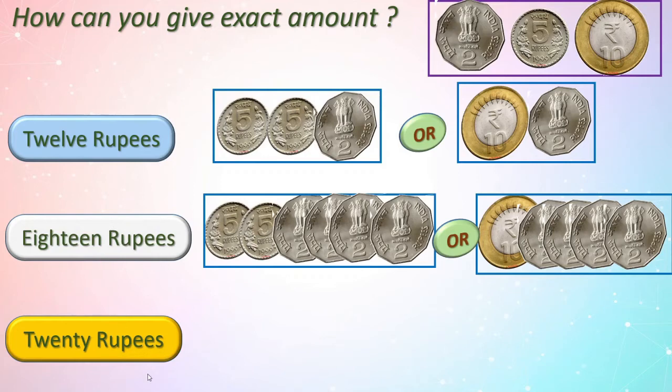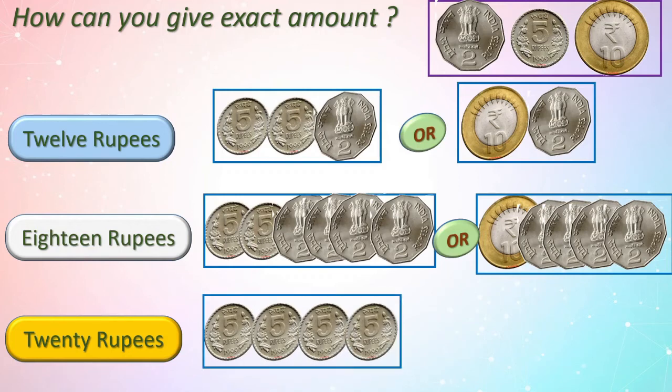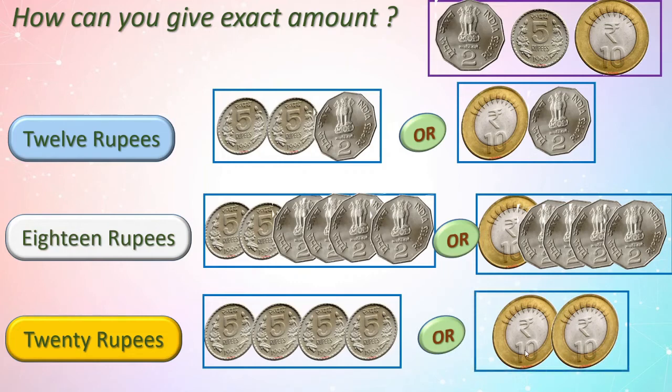Now 20 rupees. Here we can use 5 rupees, 1, 2, 3 and 4. 5 fours are 20. Right? Or 10 rupee 2 coins. Very nice. Or the third way is we can use 2 rupee 10 coins to make it 20 rupees.